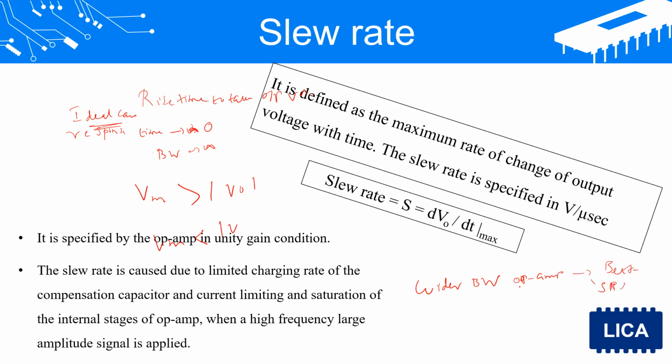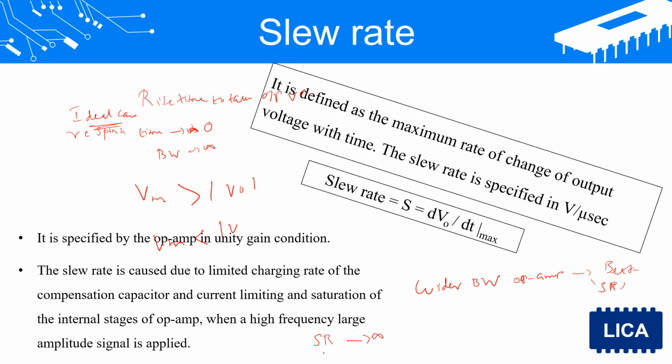Slew rate, I'm writing SR. Altogether, what is meant by slew rate? It is the maximum rate of change of output voltage caused by a step input voltage. The unit is volt per microsecond. For the ideal case, SR is infinite, maximum.